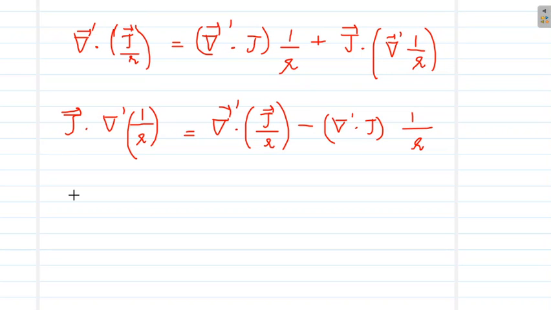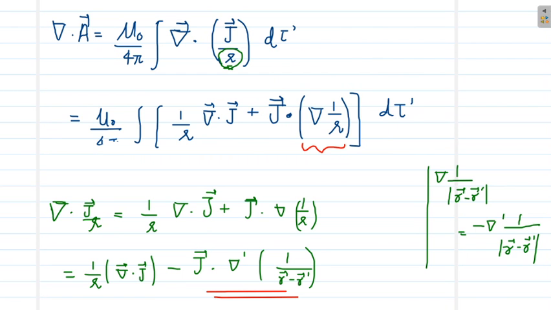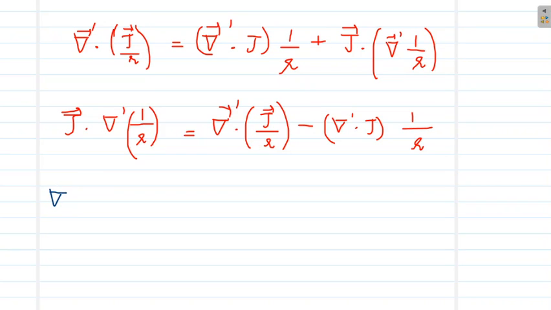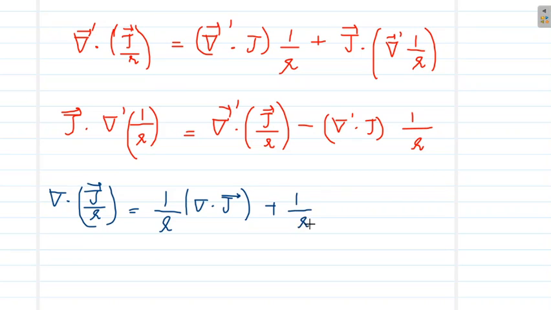So what will be the equation for del dot of j by r? Del dot of j by r will be equal to 1 by r into del dot j plus 1 by r into del dash dot of j minus del dash of j by r.